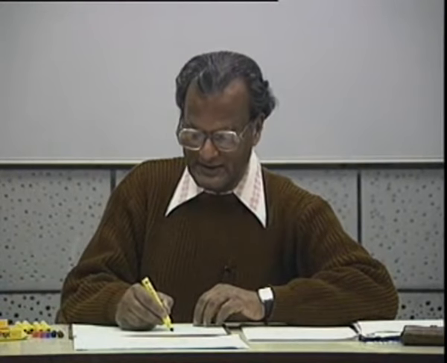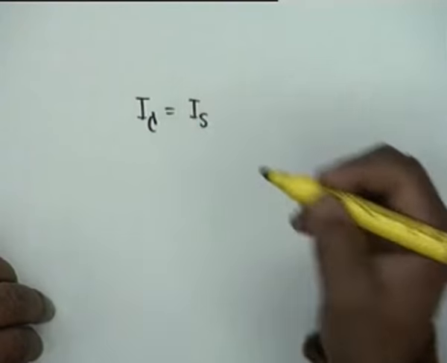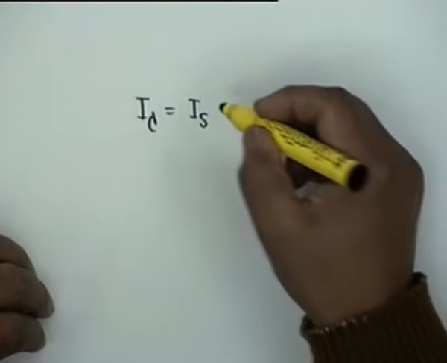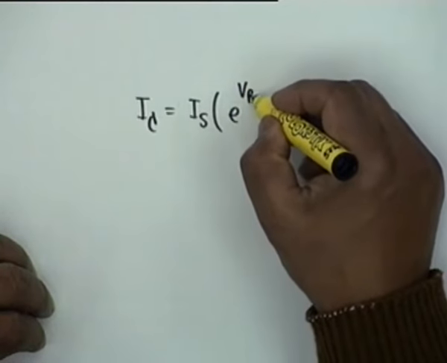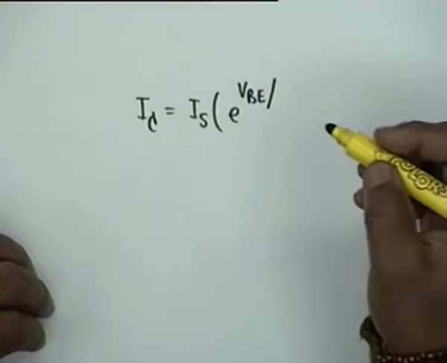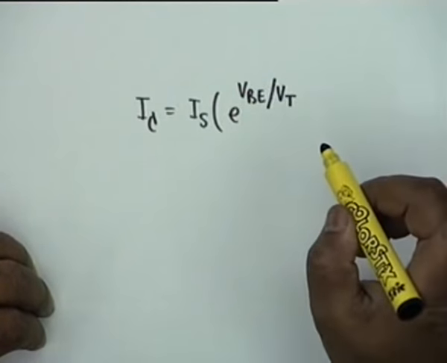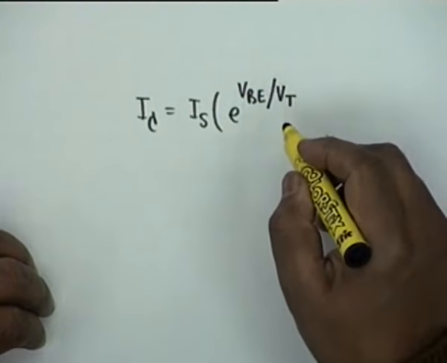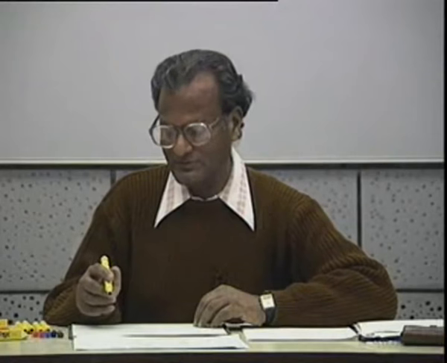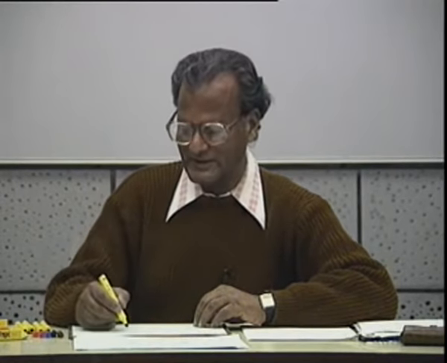We also know that the collector current I sub C is equal to the reverse saturation current IS multiplied by e to the power base to emitter voltage divided by VT, minus 1. This T is not threshold. Threshold is for FET; here it is thermal voltage, that is kT by q, approximately 25 or 26 millivolt at room temperature.